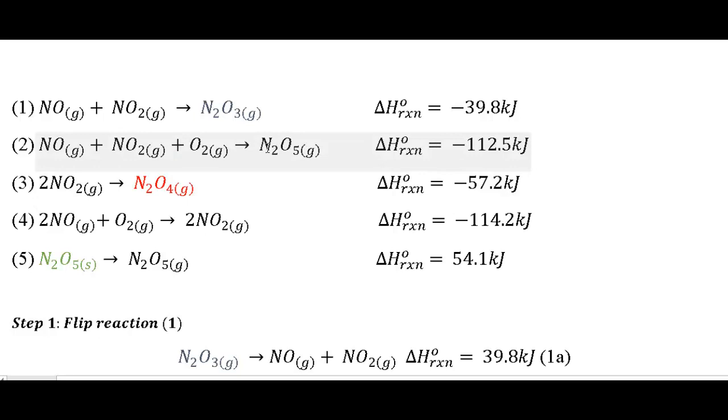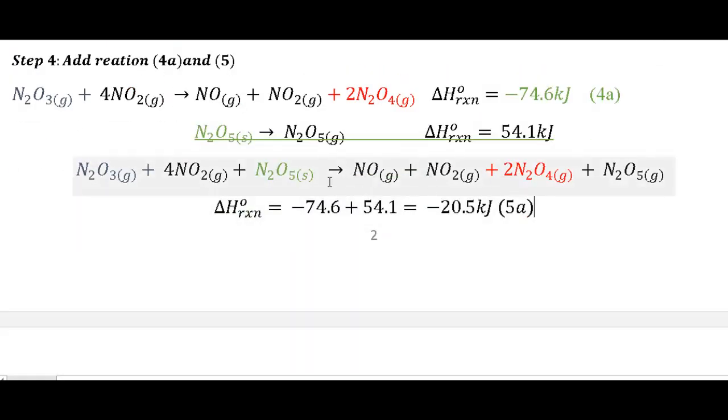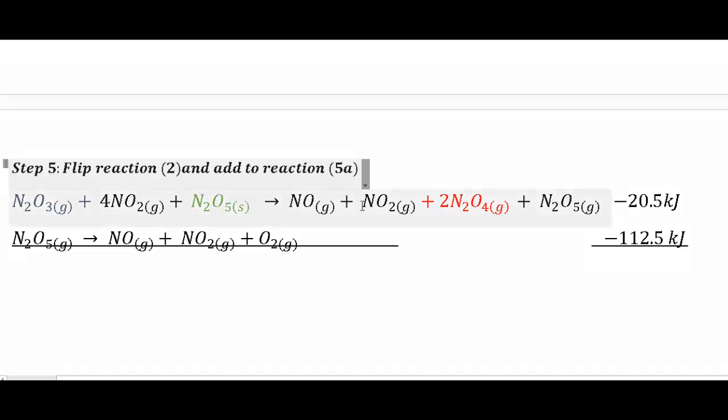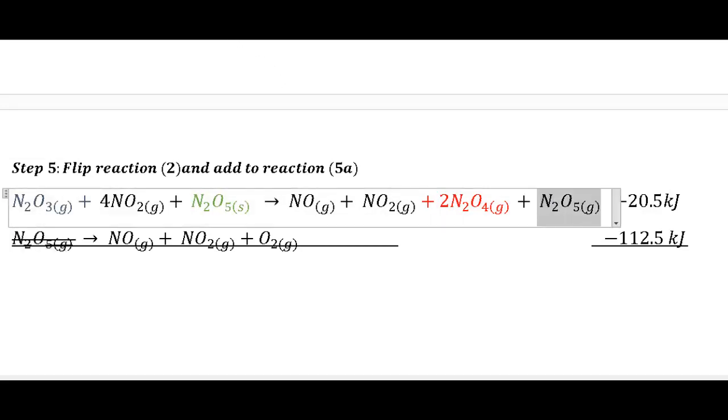The reason I want to flip reaction 2 is that the N2O5 gas now becomes a reactant, and if we go all the way down to reaction 5A, the N2O5 here is on the product side. So let's flip reaction 2 and add it to reaction 5A. The problem is getting pretty complicated for my tastes, but let's cancel out the N2O5 gas, which is what I wanted to do in the first place. So that's gone.